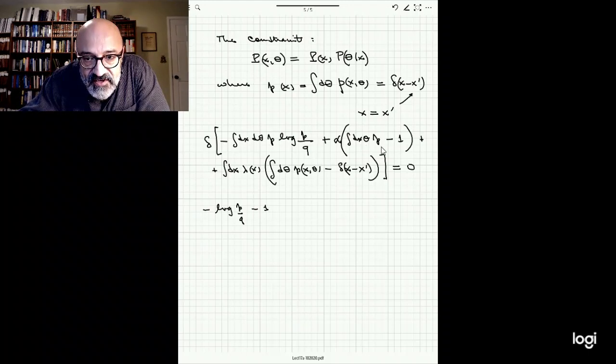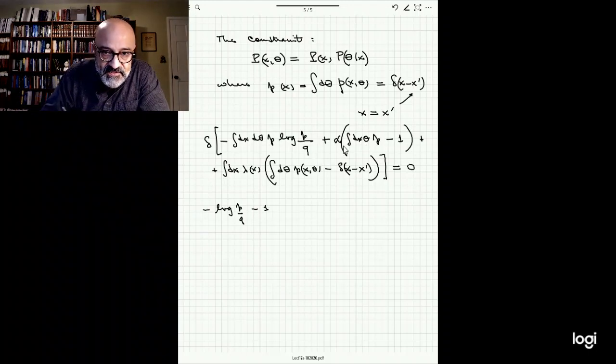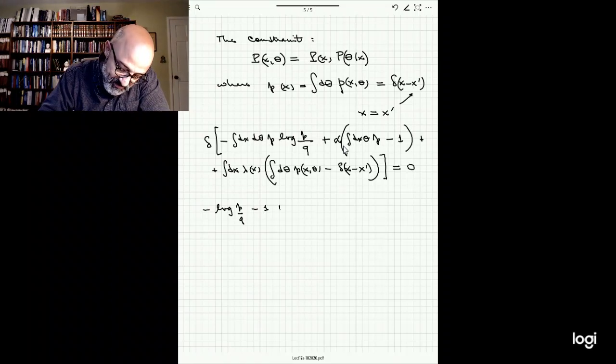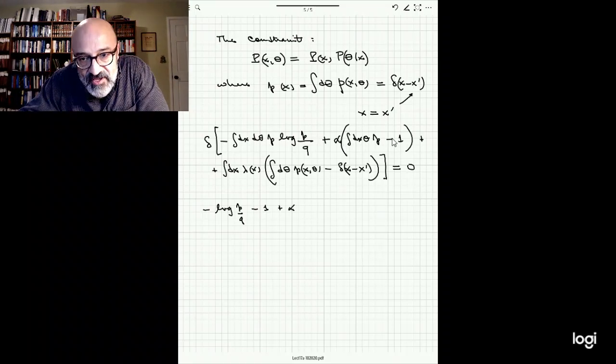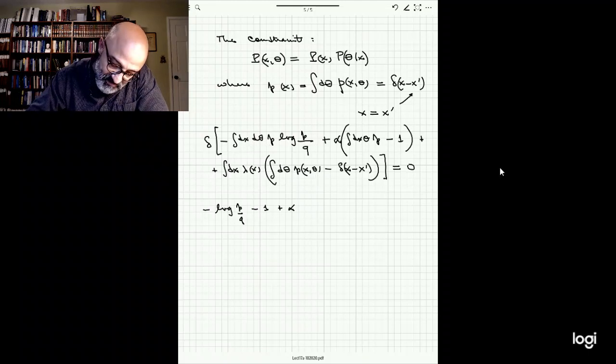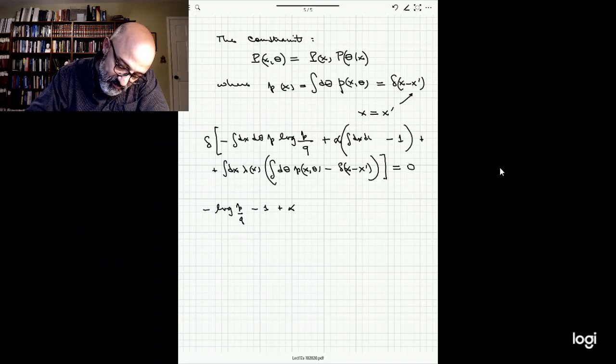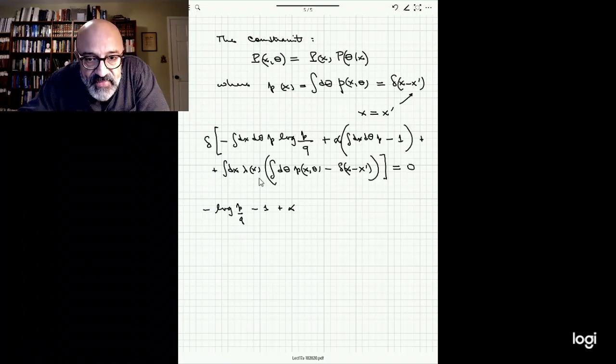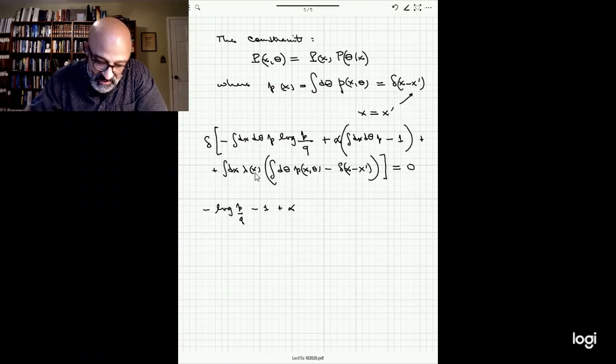Then in this delta p, this adds an alpha multiplied by the delta p. Then I vary these terms here. You see there is a dx and d theta, very much like you have over there. So there is a delta p, there is a lambda of x.